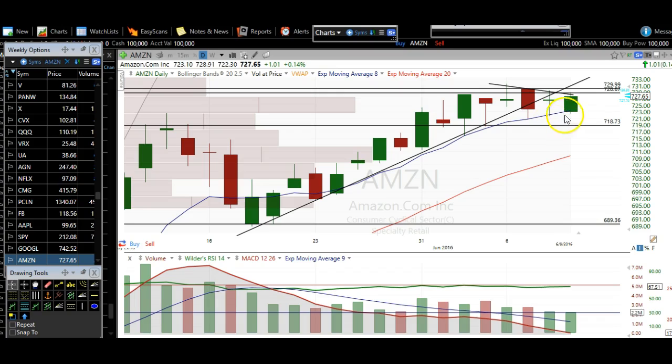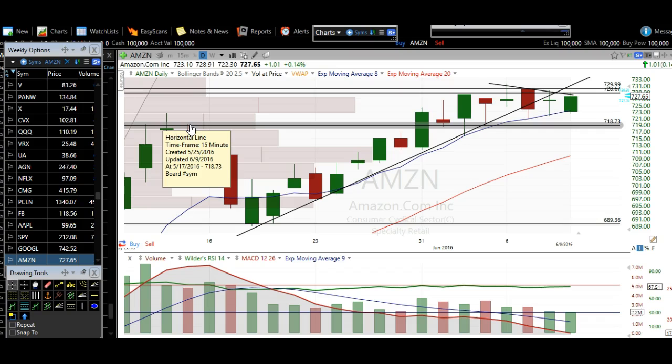At least that's the way that I see it. A break back above 730 would kind of negate this bearishness that I'm seeing. So a break over 730, which we're right around, and Amazon is going to continue to make new highs. The biggest support I'm seeing below us is right around 718 to 719 from the lows of these few candles here, and then these candles over here made that support as well.